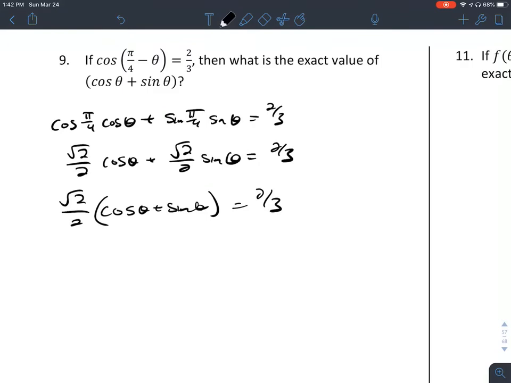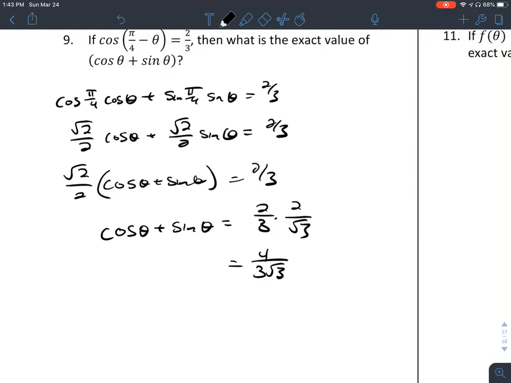And if I multiply both sides by the reciprocal of square root of 2 over 2, I'm going to get 2/3 times 2 over the square root of 2, which is 4 over 3 square roots of 2. Not 3, I'm sorry, this was a 2.